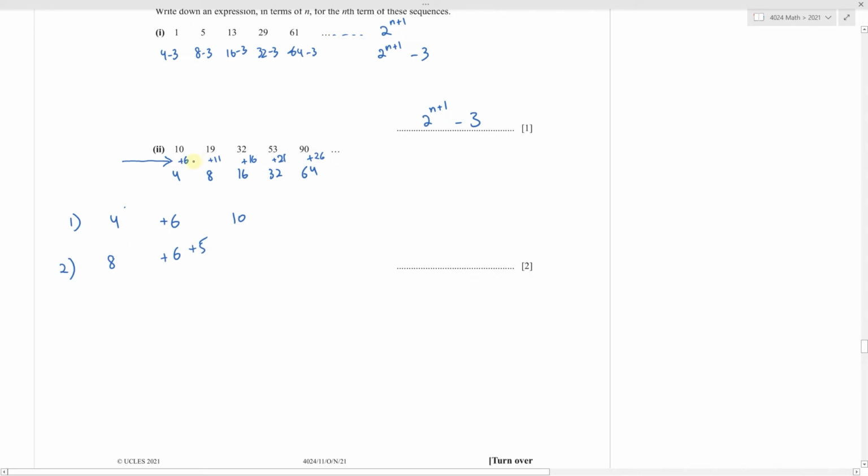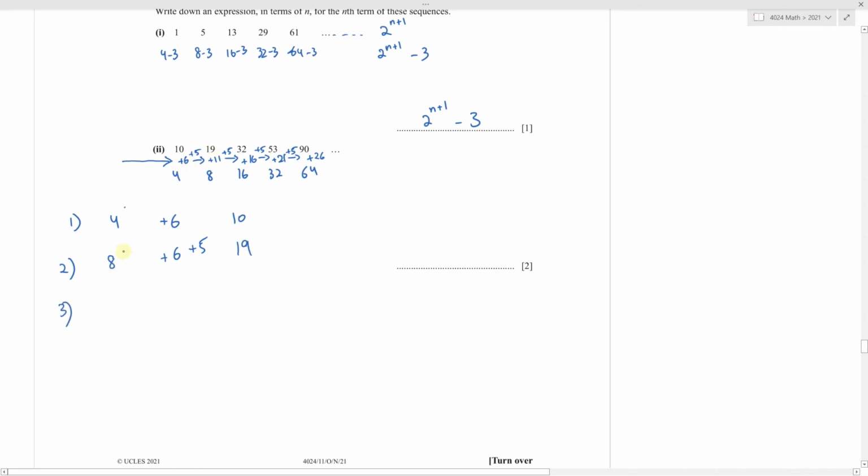So if you look at this sequence of the amounts that I'm adding, I'm always increasing this by 5. So this is a sequence that you have seen before, in which the difference between two consecutive values is constant. So here the difference is 5. So here I have 8 plus 6 plus 5, I add 11, I get 19.